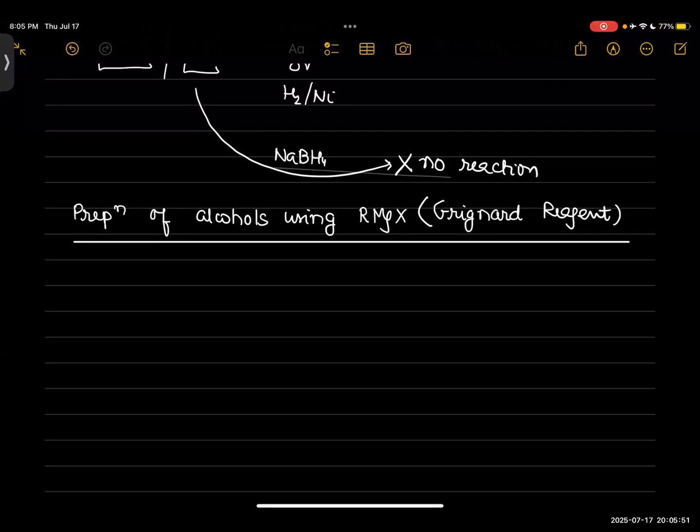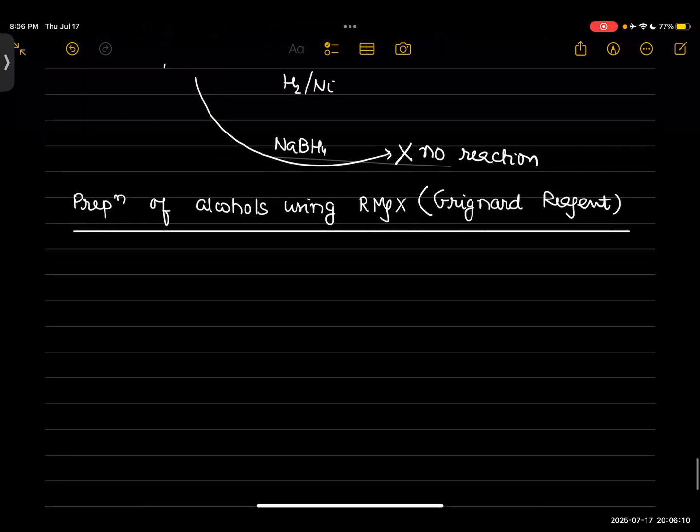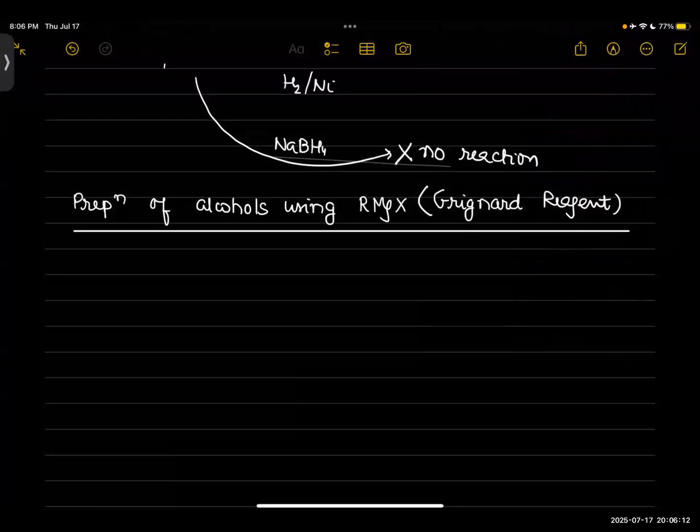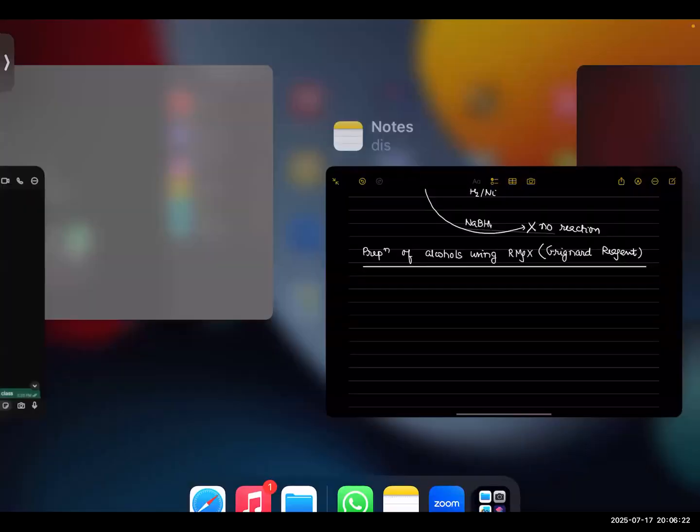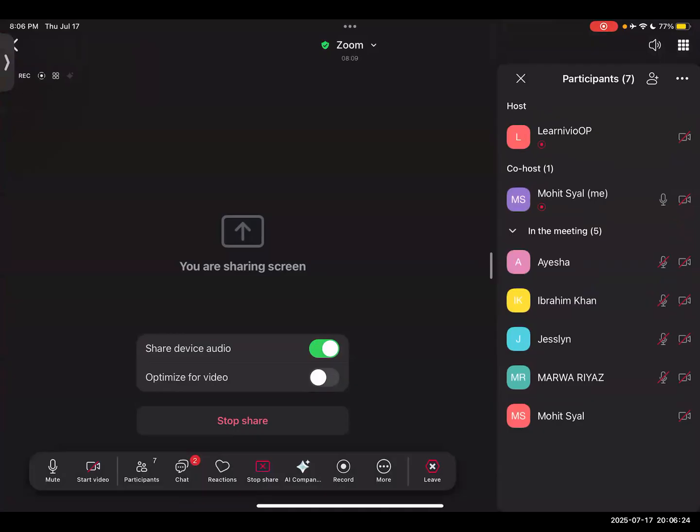So first of all, tell me how this Grignard reagent can be prepared. Any idea about it? Ibrahim, Jasleen, Marwa? Aisha, any idea? How can we prepare Grignard reagent? What were the methods which we have seen in the alkyl and aryl halide chapter? Tell me quickly.